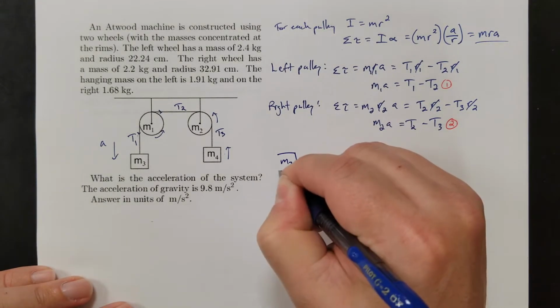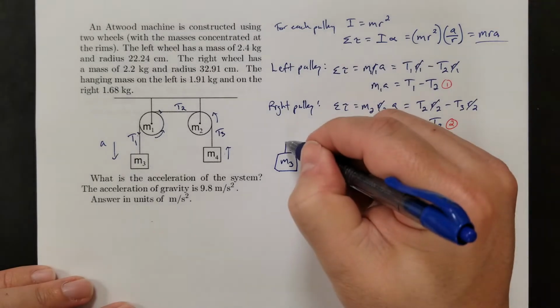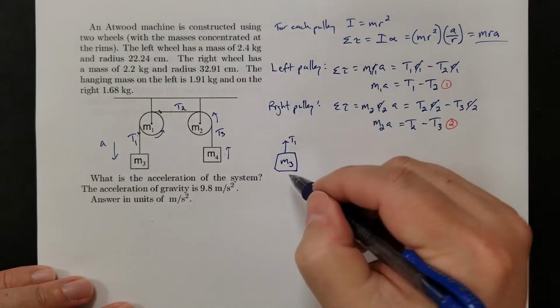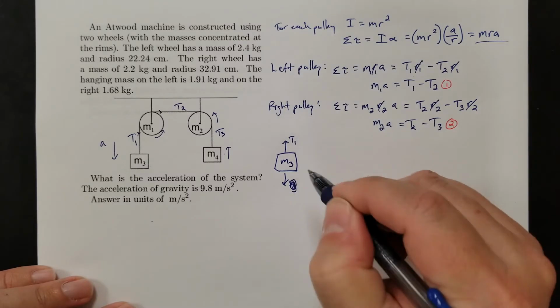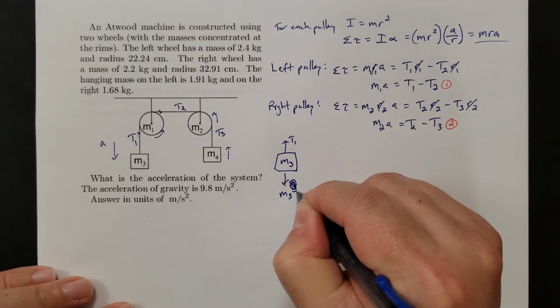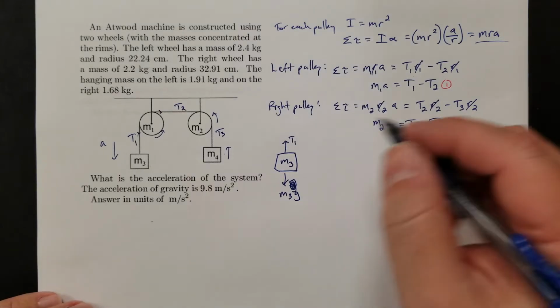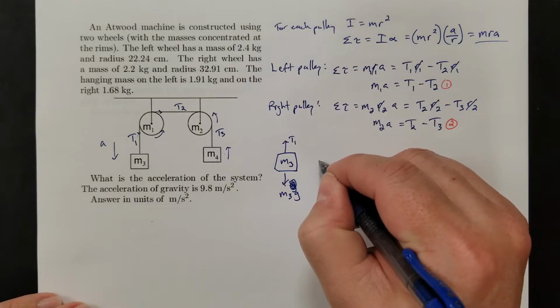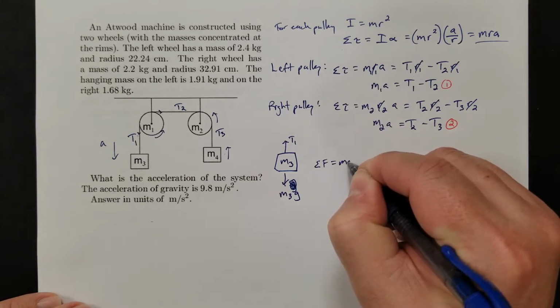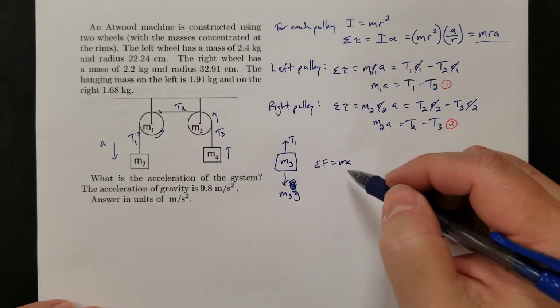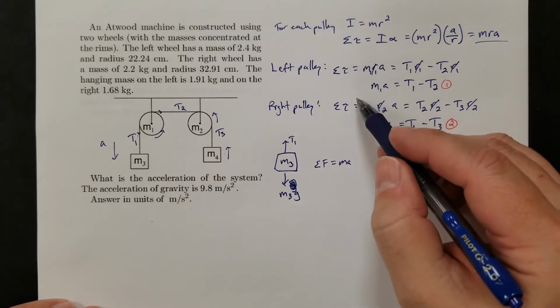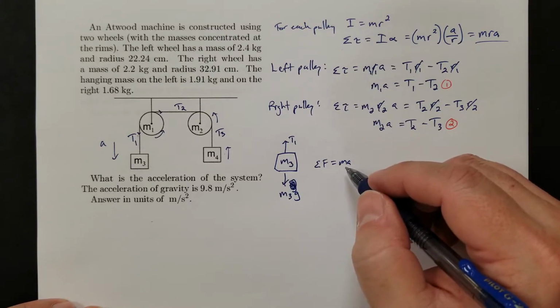So M3 has T1 pulling up on it and the weight pulling down, which is M3 times G. Let's write an equation for this one. Net force equals mass times acceleration. Now I'm not talking about rotating things anymore, I'm talking about linear stuff, so I'm going to use the regular Newton's second law. Net force is mass times acceleration.